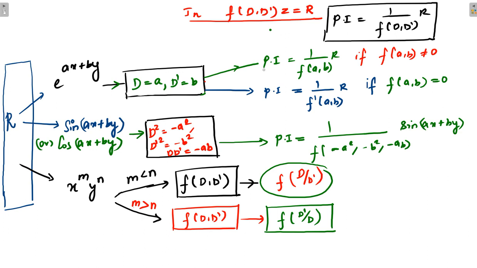From that you get PI equal to 1 by f of a comma b into R. Sometimes the denominator f of a comma b is going to be 0. At that time we can't get a finite value. So in this case you have to differentiate f of D comma D dash with respect to D, and also you have to multiply by x in the numerator.